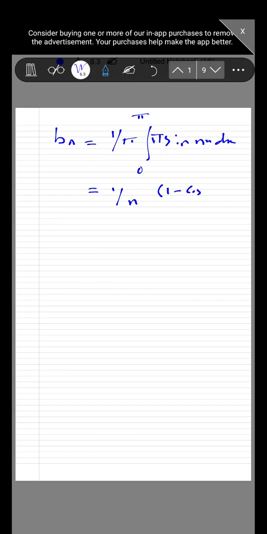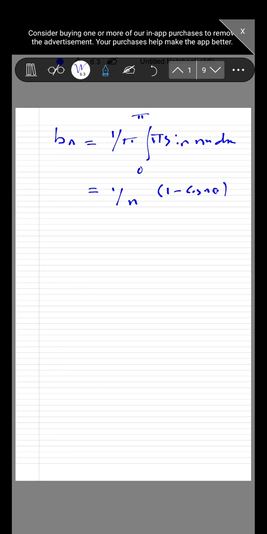And next we can have b_n is equal to 1/pi integration 0 to pi of sin nx dx, and it is equal to 1/n into (1 minus cos n pi).